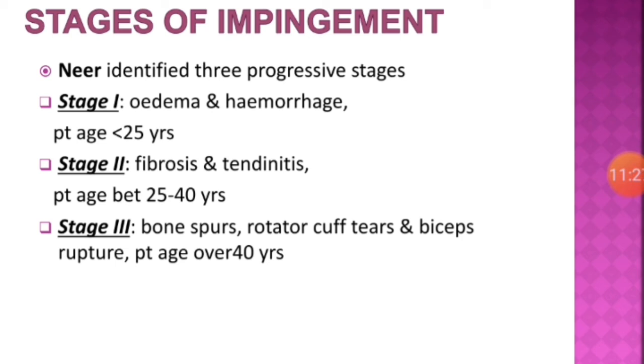There is tenderness to palpation over the greater tuberosity of the humerus and tenderness along the ridge of the acromion. Painful arc is present between 60 to 120 degrees and pain is increased with resistance at 90 degrees. Shoulder range of motion may be restricted with significant subacromial inflammation.